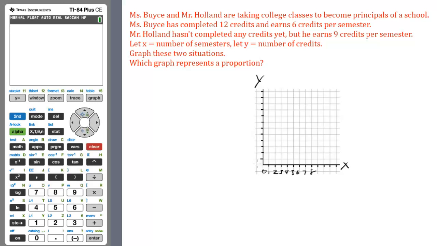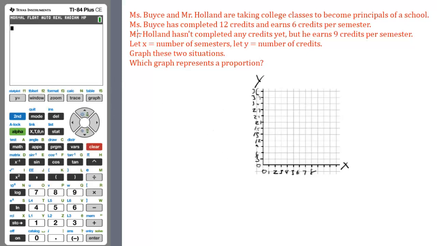So this will be 0, then 3, 6, 9, 12, 15, 18, 21, 24, 27, 30. Okay, my graph isn't so beautiful, but I think it'll get the point across.